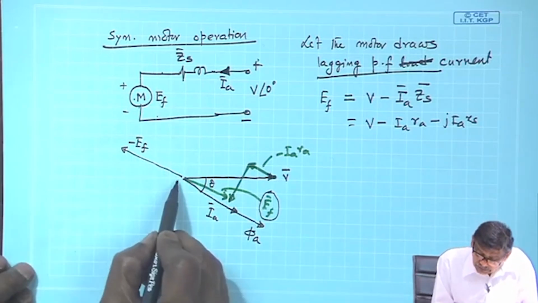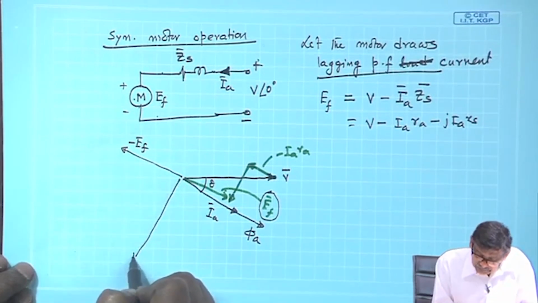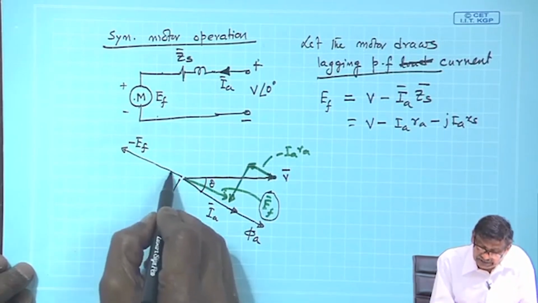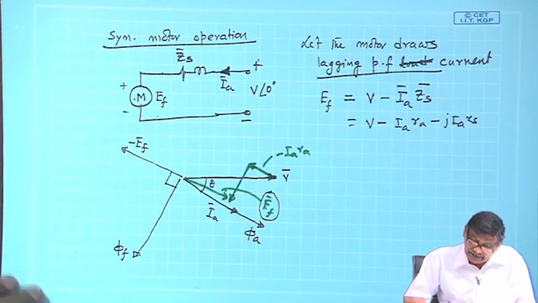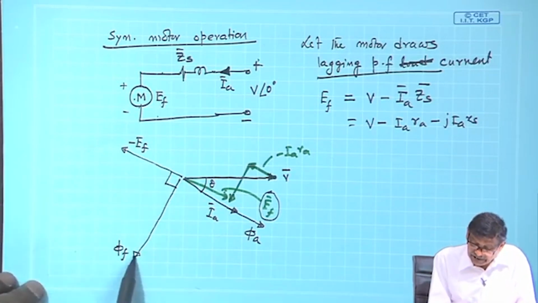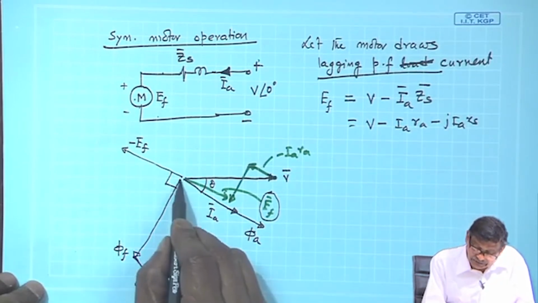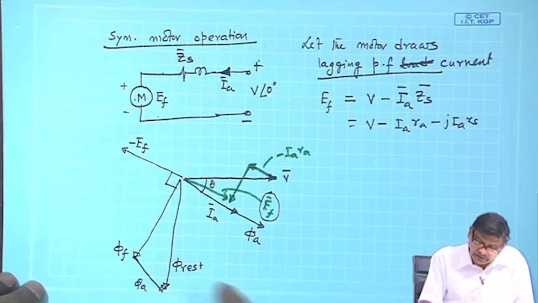And then I know this is phi f, 90 degrees lagging the induced voltage, and then phi f plus phi a will give you the resultant net flux phi r. This r is not rotor, it is resultant.